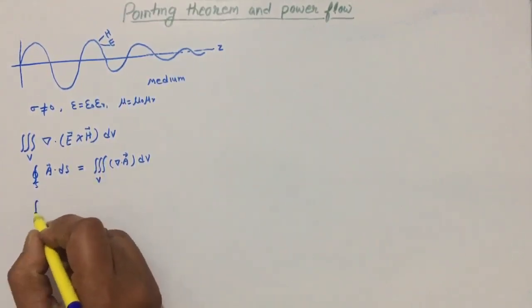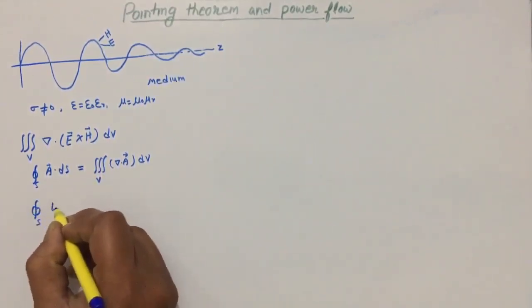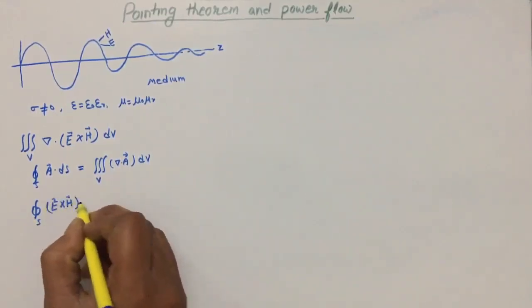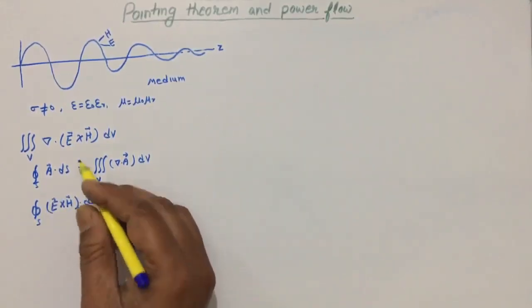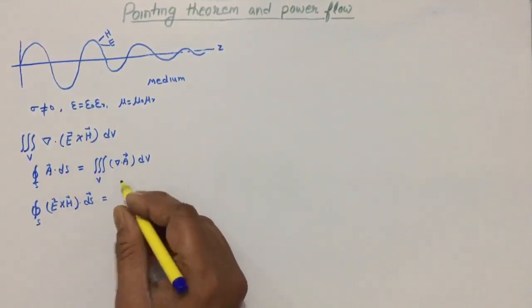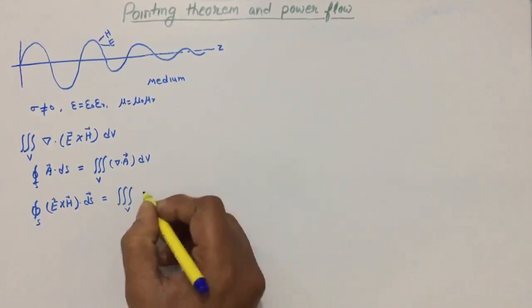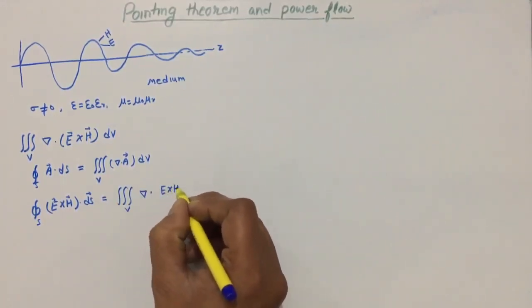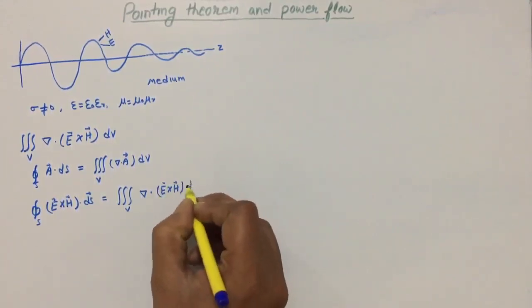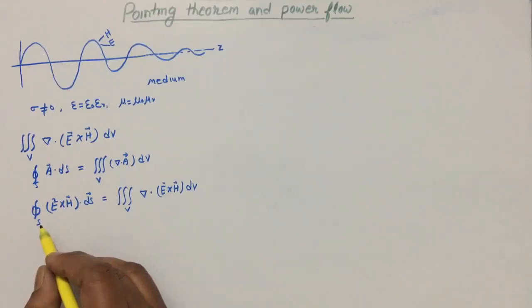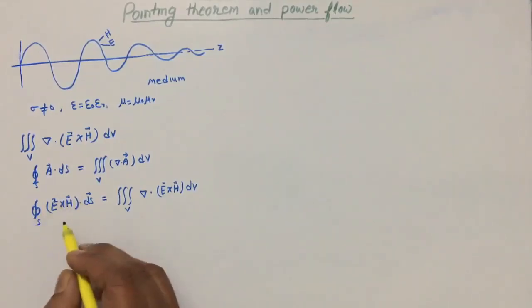So we can have E cross H dot ds, by replacing A from this, equal to del dot E cross H dV. This equation will be here. So in surface integral form, it can be written like this.